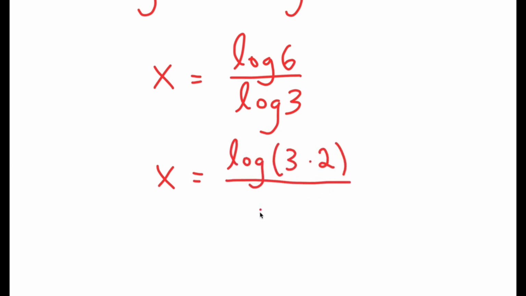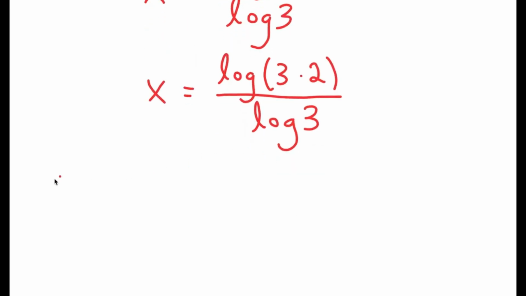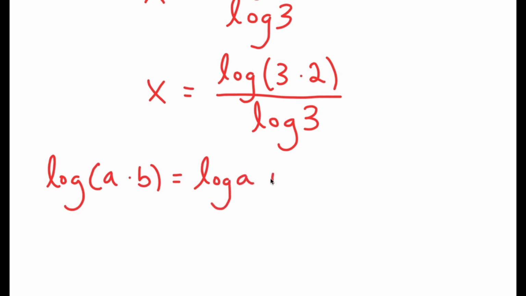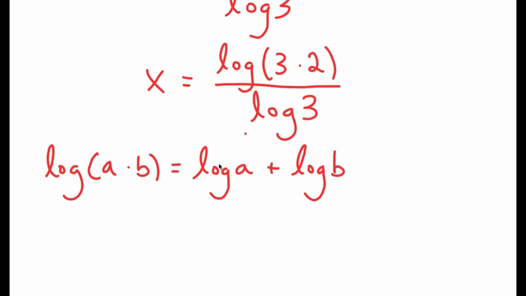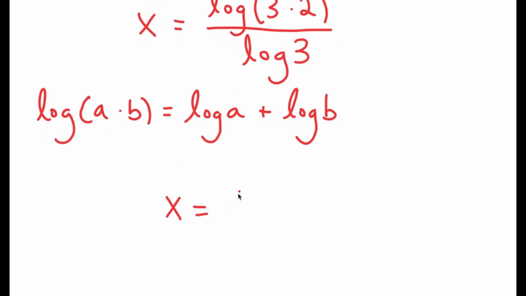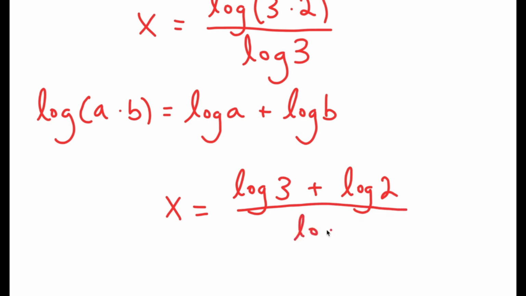So I have log of 3 times 2 over log 3. If I have something in the form log of a times b, this is equal to log a plus log b. So log of 3 times 2 is equal to log of 3 plus log of 2, and I have this over log of 3.